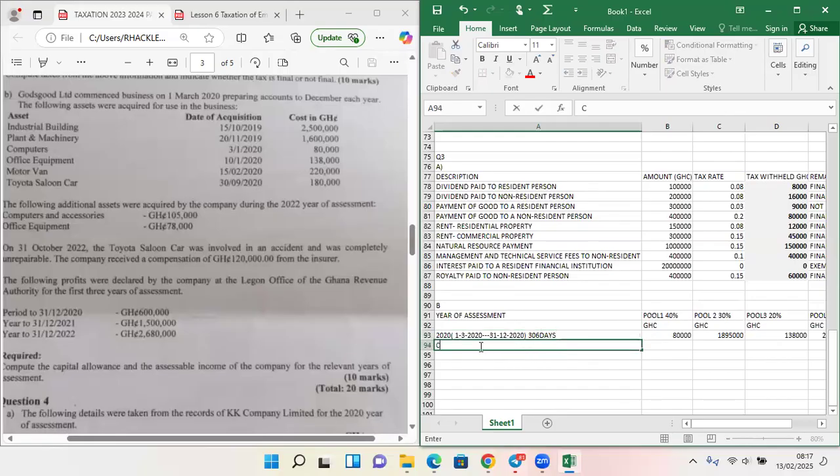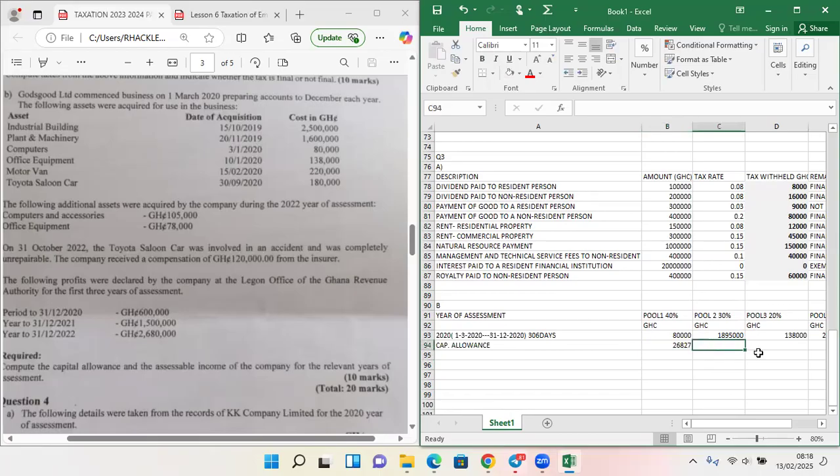So our capital allowance is going to be, for example, 0.4 times 80,000 times 306 over 365, because there are only 365 days and 306 days. This is what we get for a capital allowance.